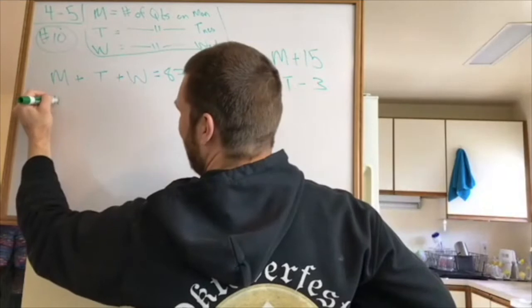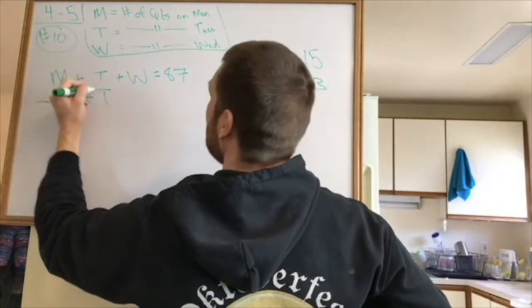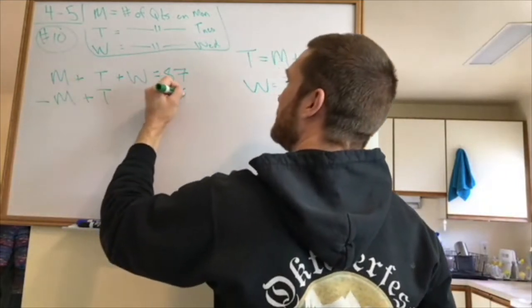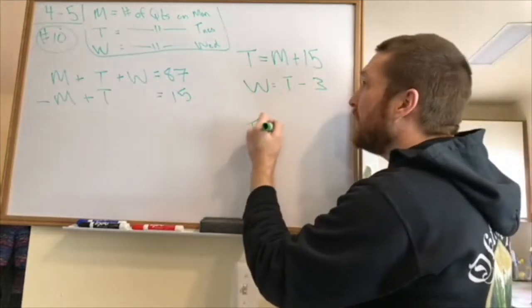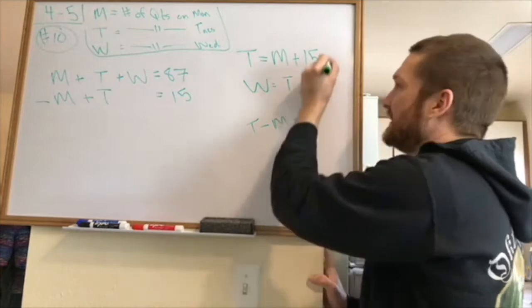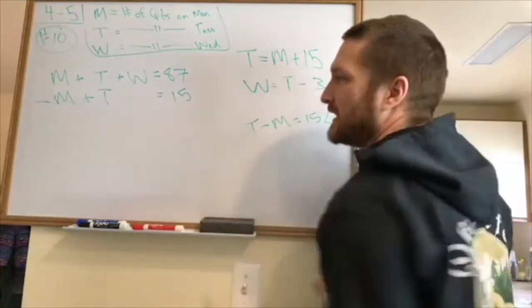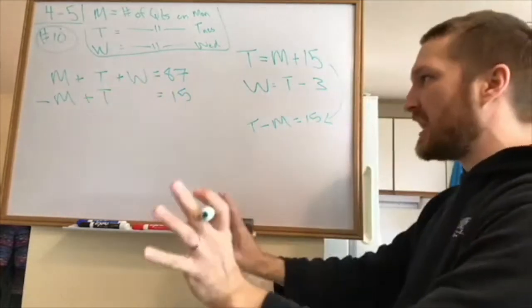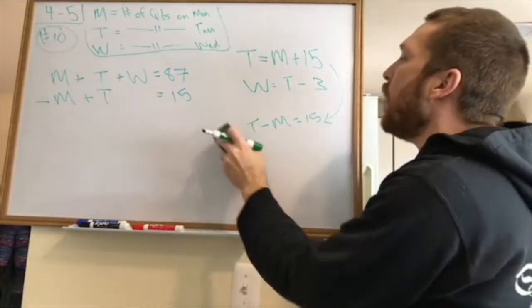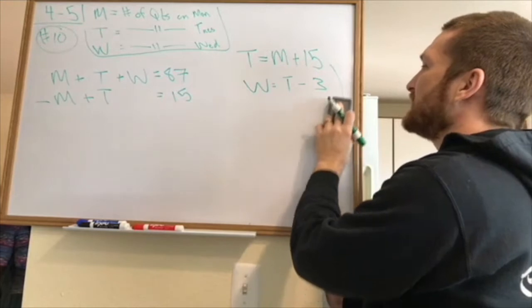There you go. Negative M plus T equals 15. Yep, exactly, right? And you're right that it is T minus M equals 15. That's exactly the same thing as that. But it's like, well, now I know that I want it written in a certain order. And so you already knocked that out. Good to go. What about my last equation?